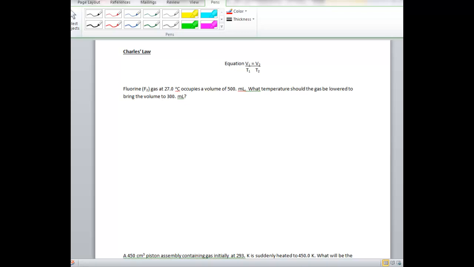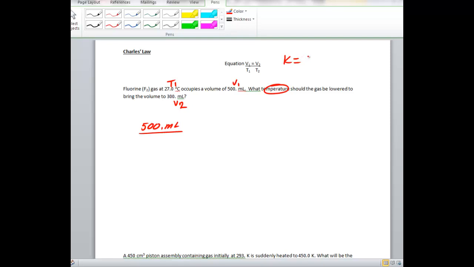So, first thing I can start out with is identifying my T1 temperature, and here's my V1. What temperature? So I'm looking for T2. Should it be lowered to bring the volume to 300 milliliters? So there's my V2. If I use the standard equation, what I'm going to end up doing is having 500 mL on top over 27 degrees Celsius, which really gets converted to Kelvin.